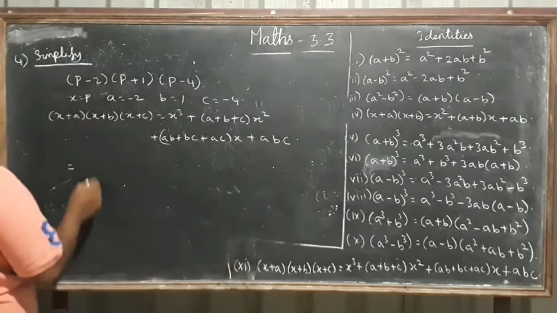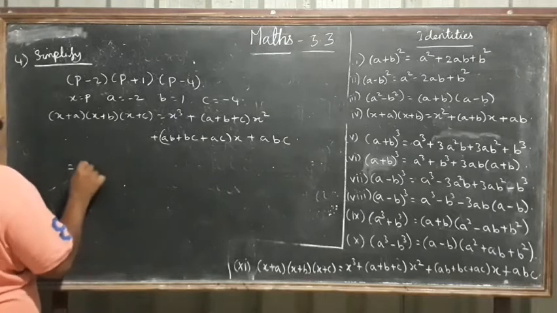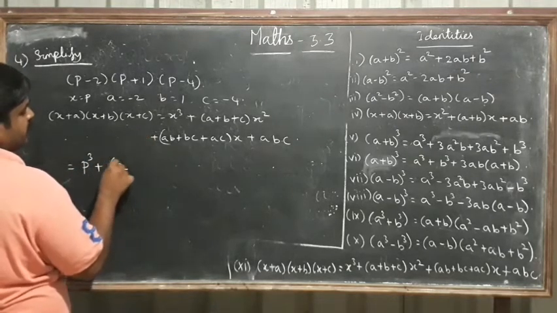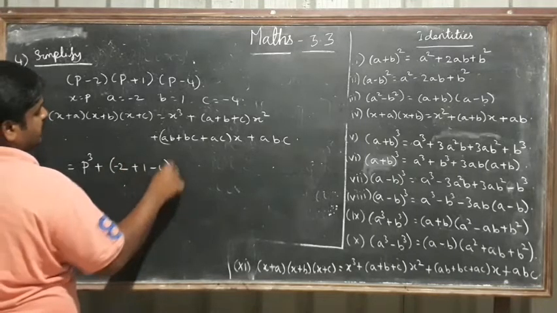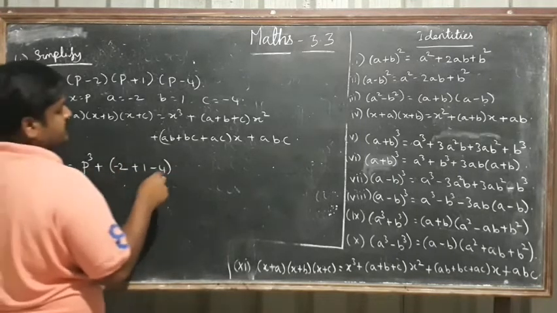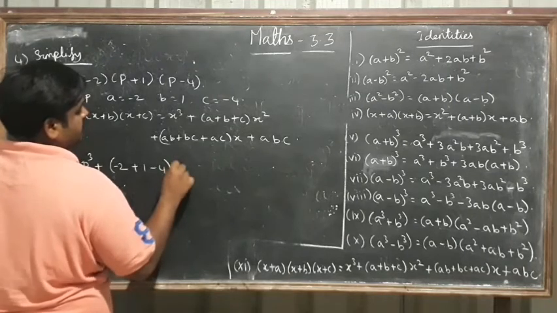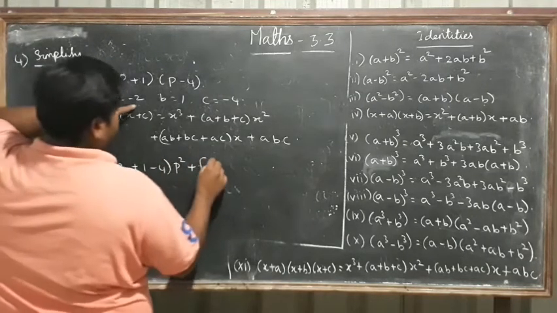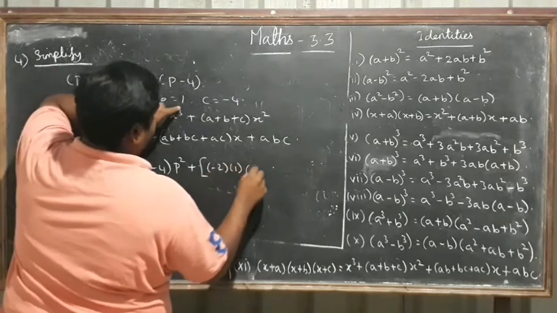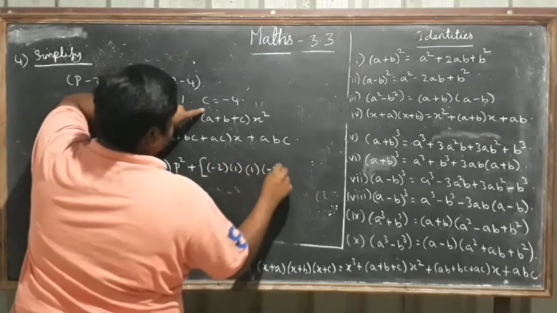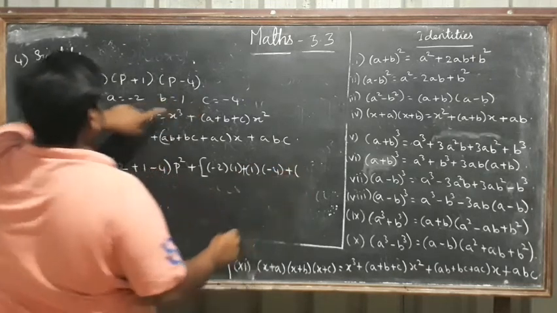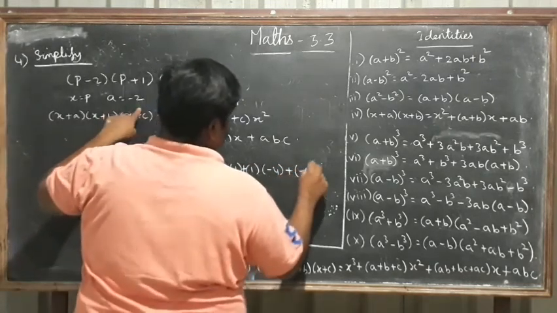Let's apply the values. x cube is p cube, plus (a plus b plus c), that is minus 2 plus 1 minus 4, into x square, that is p square, plus (ab plus bc plus ac): minus 2 into 1, 1 into minus 4, plus minus 4 into minus 2.